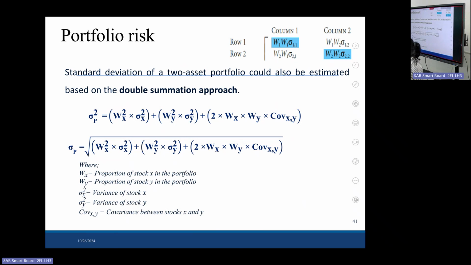Now look at it: if you construct the portfolio, combining X and Y, your portfolio expected return is very close to the individual stock expected return. Your portfolio risk, what happens? It has decreased to 2.28. So there is a diversification effect now. There is a diversification advantage.